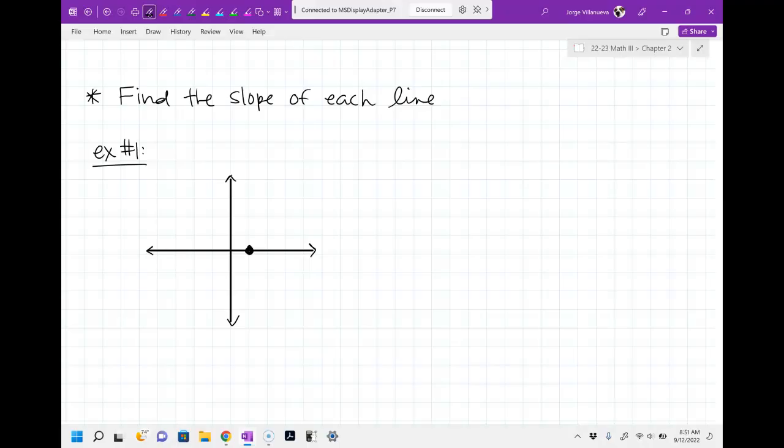And right here. That's not working. Oh well, I'm just going to do it freehand, sorry. All right. So this is the first example.